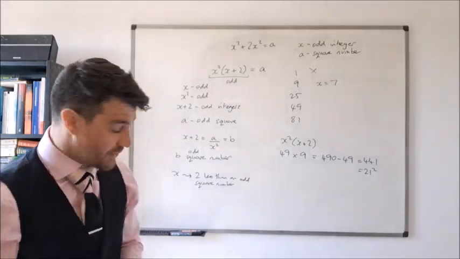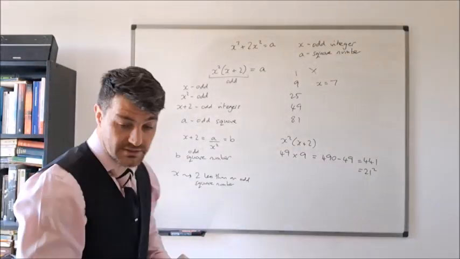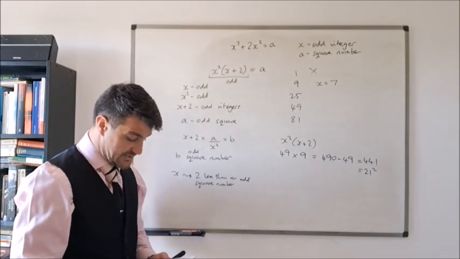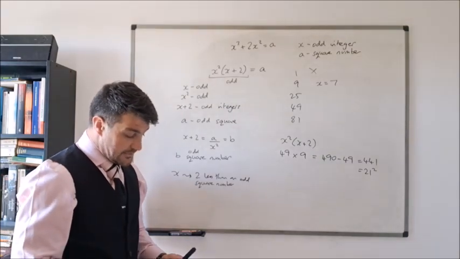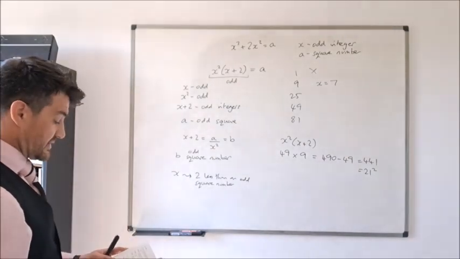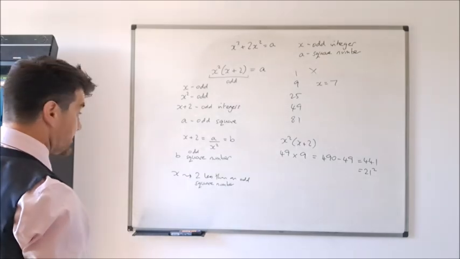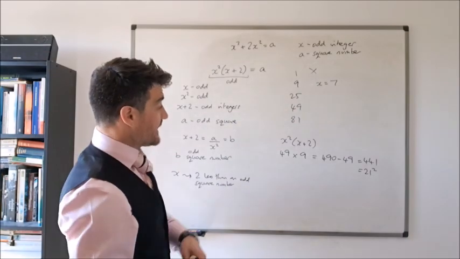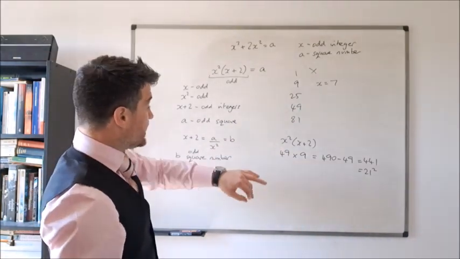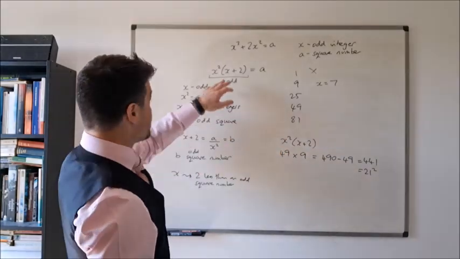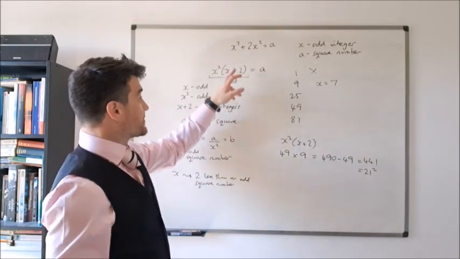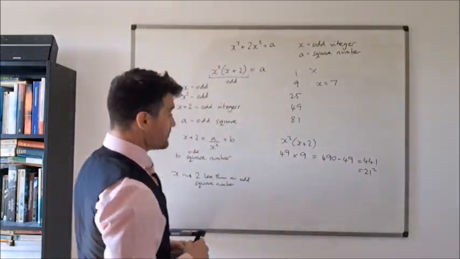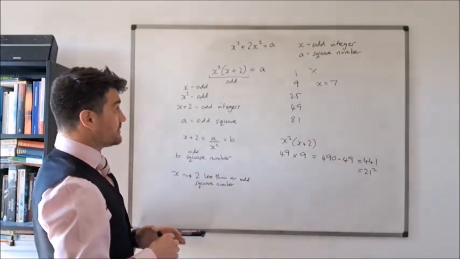Let me just double check what the problem said. Chapter 8, question 4. Find the smallest value of x satisfying these conditions. So if x equals 7, then we get that x squared times x plus 2, or in other words, x cubed plus 2x squared, is equal to 441, which is a square number.